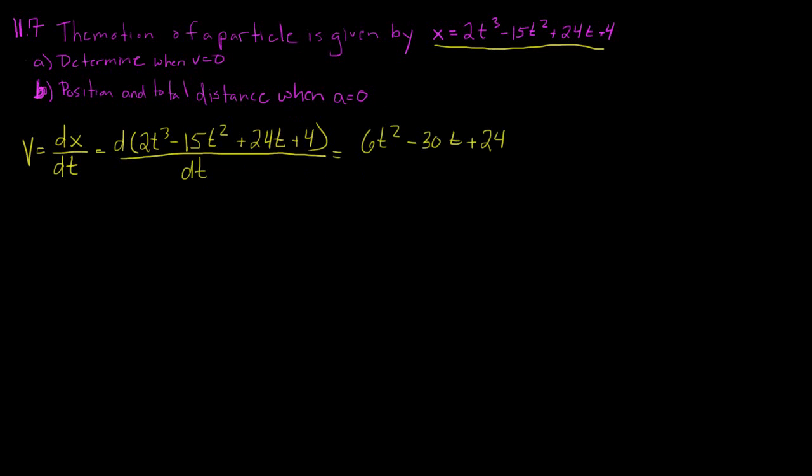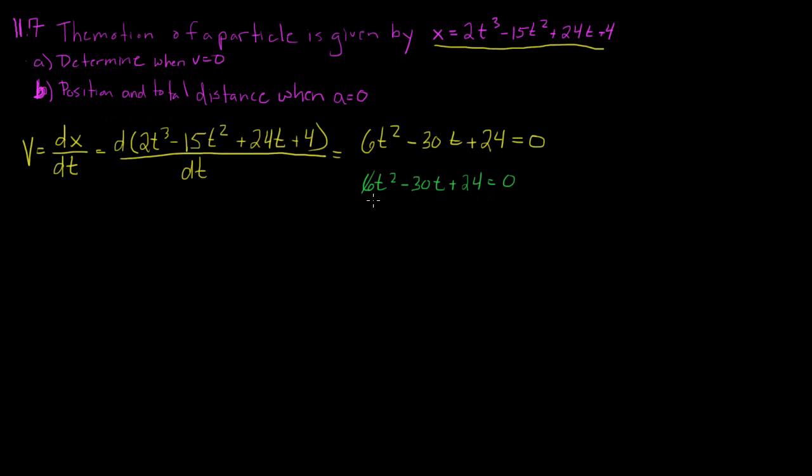And we want to figure out when this is equal to 0, so we set the equation we just got, 6t squared minus 30t plus 24, equal to 0. When we solve it for t, first we can simplify it a little bit.